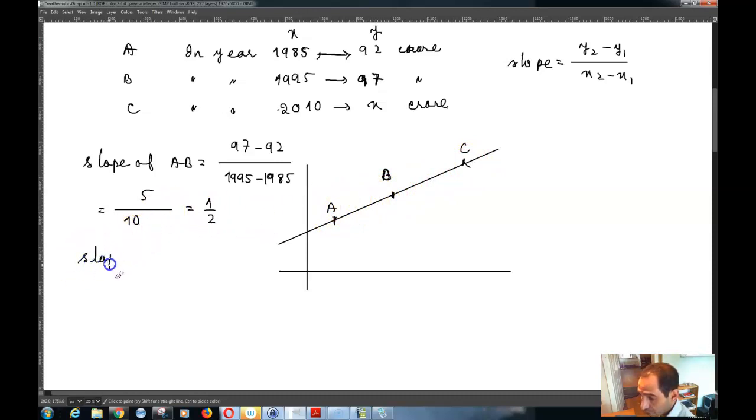So the slope of BC is equal to, again, you go for y's over here. So for example, I write this as x minus 97 over 2010 minus 1995, which is equal to x minus 97 over 2010 minus 1995.